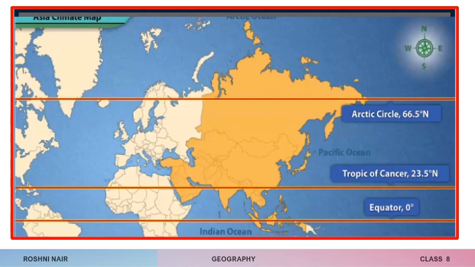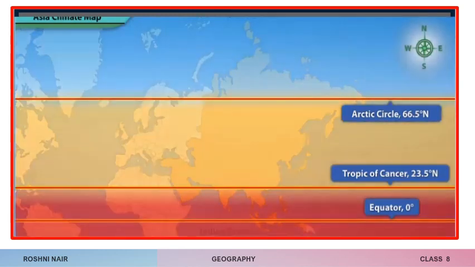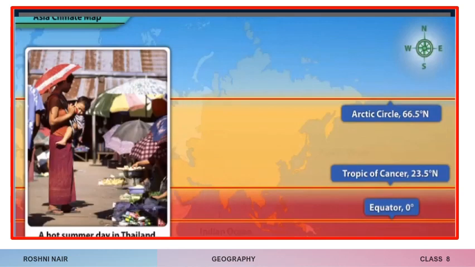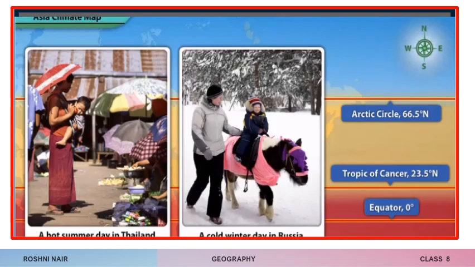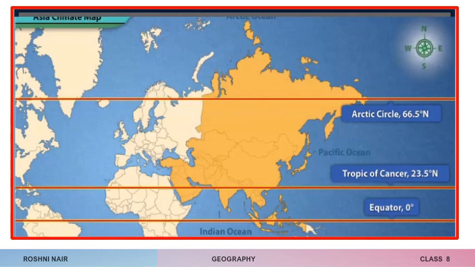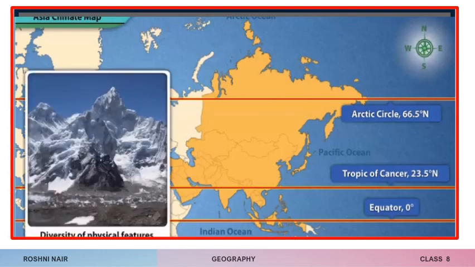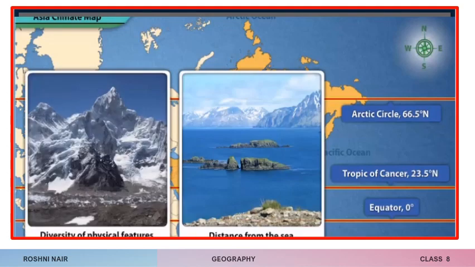Some important lines of latitude pass through Asia, indicating several heat zones in the continent. These heat zones are one of the reasons behind Asia's diverse climatic range, from hot and wet in the south to extremely cold and dry in the north. The climate of the continent also depends on other factors such as physical features and distance of a region from the sea.